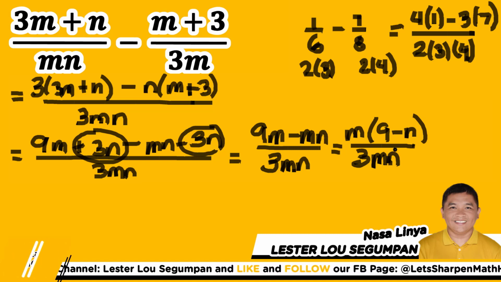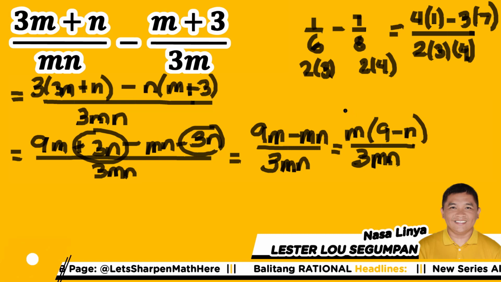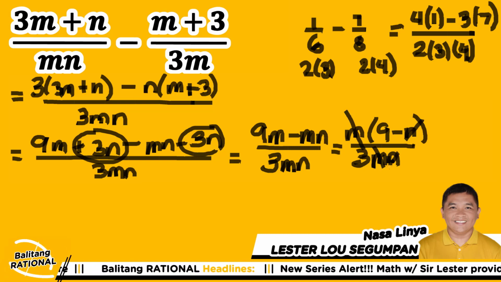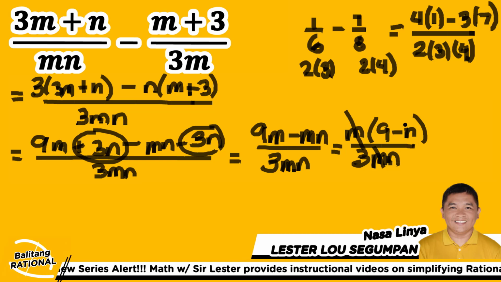Always remember na pag rational expressions po, just like fractions, we need to make sure that our answers are expressed in their simplest form. And with that, we can cancel this m here and this m. But we cannot do this, okay? Nor 9 divided by 3, we cannot do that. It's because 9 and n in our numerator are separated by a subtraction. We cannot cancel them out.